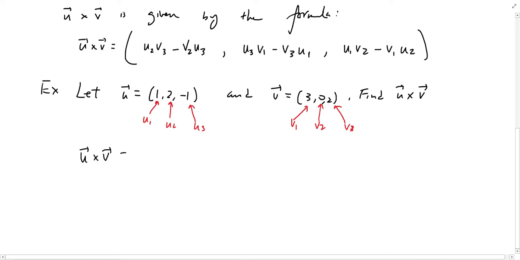So now I'm going to go ahead and find u cross v using the formula. U cross v would equal to, let's see, u2, which is 2, multiplied by v3, which is also 2, minus v2, which is 0, times u3, which is negative 1.